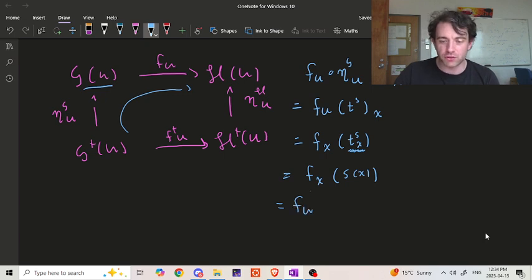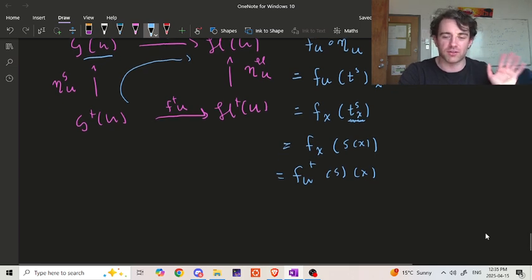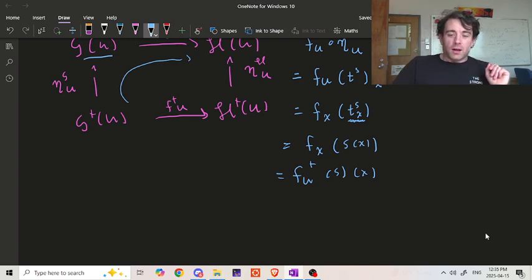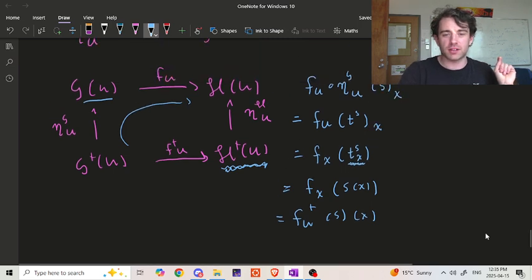This is what fu plus s at x is. This was the definition of what fu plus at x is supposed to be. But then now fu plus applied to s lives down here in h plus u. And remember, we're assuming that hu is a sheaf as well.